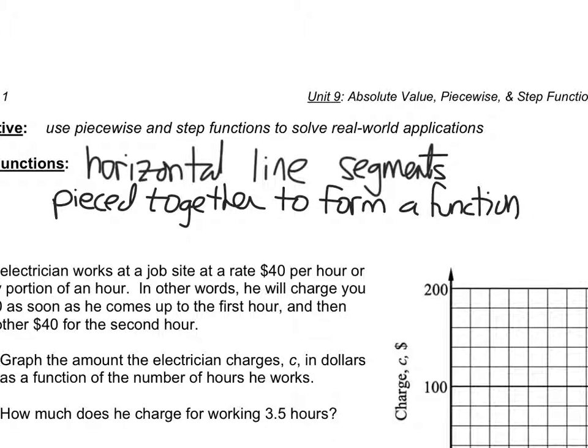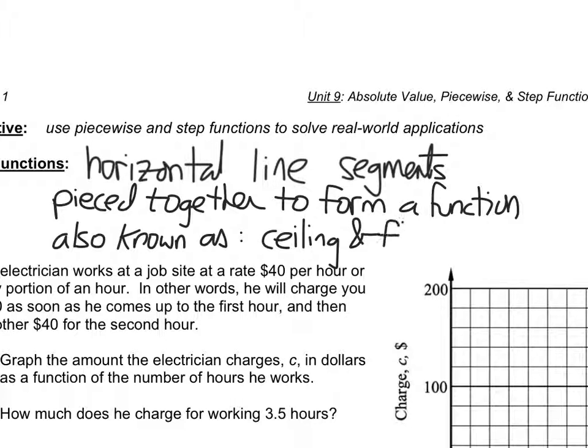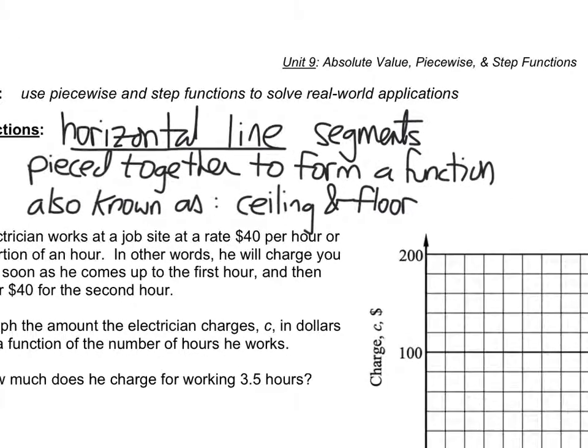So it's not bad because it's specifically horizontal line segments. They're also known as ceiling functions and floor functions. Wait, isn't that like a piecewise function? Specifically horizontal line segments. Piecewise aren't always horizontal. So this is a type of piecewise.